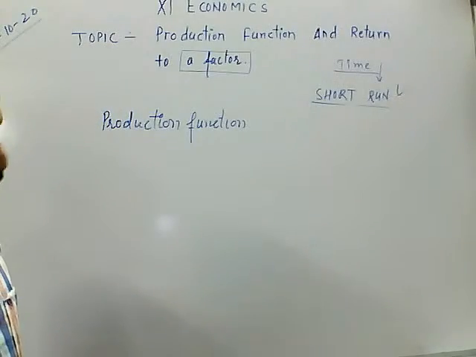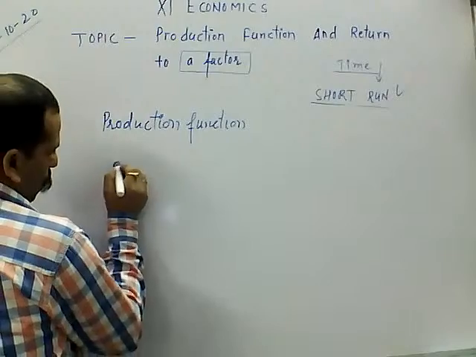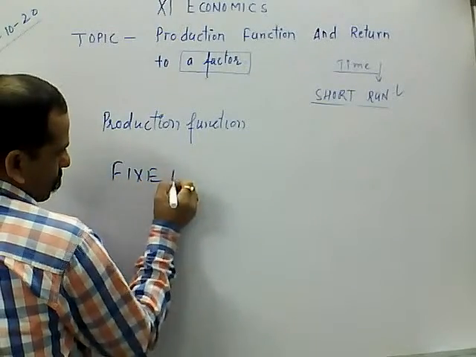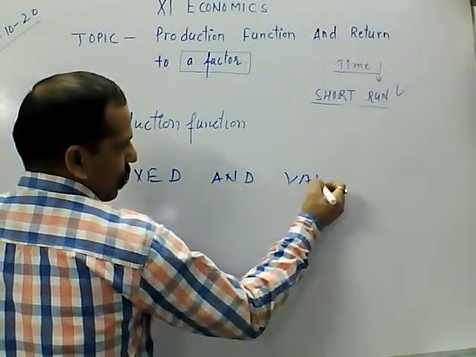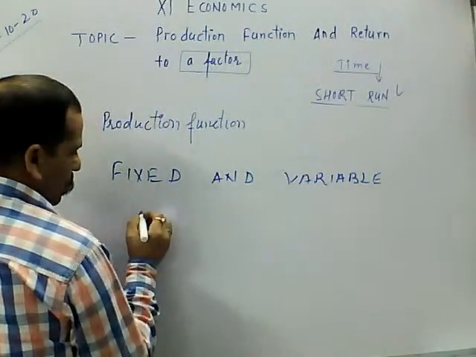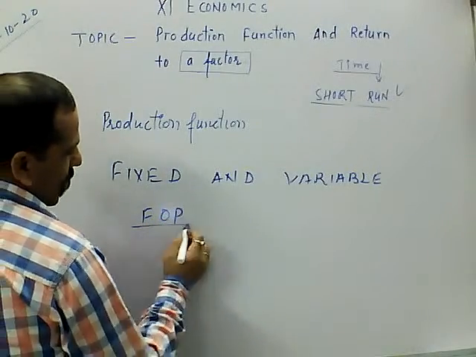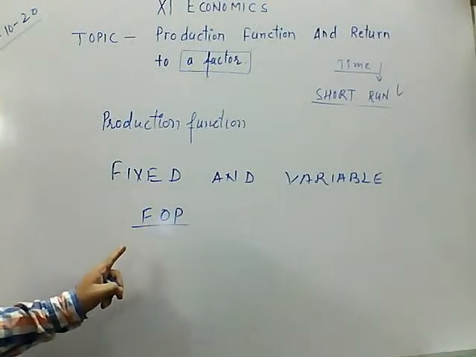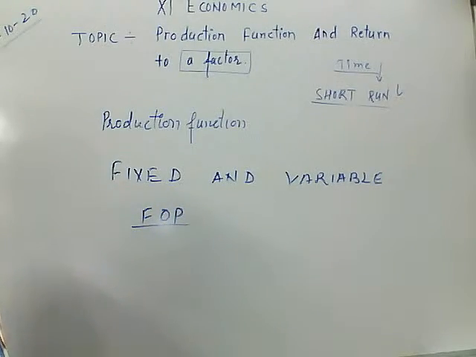Now fixed and variable factors are also there. Fixed and variable factor of production. FOP means factor of production. I am writing FOP, factor of productions. Okay, fixed and variable factor of production.